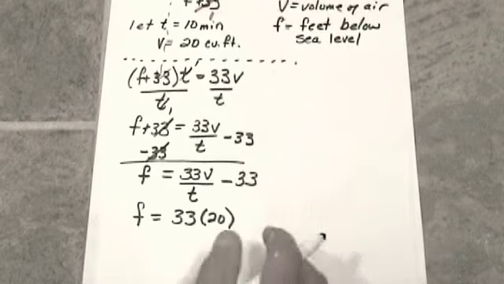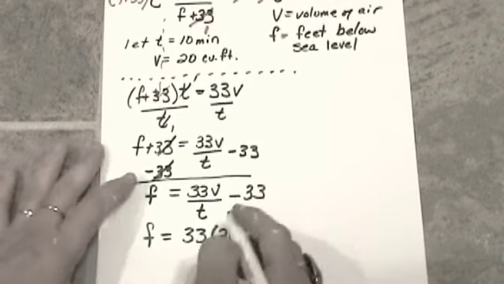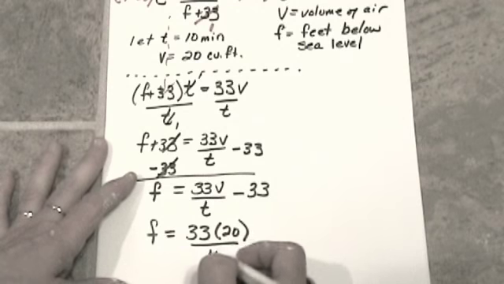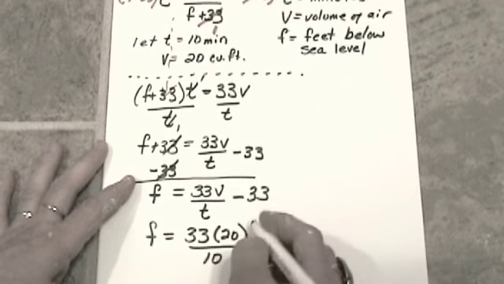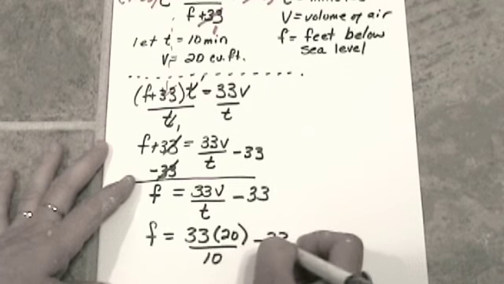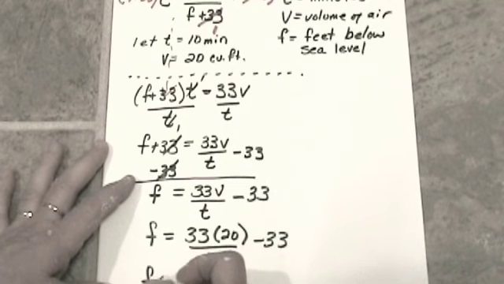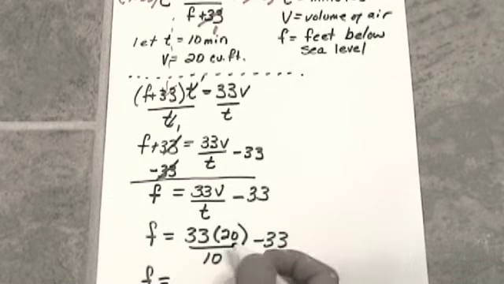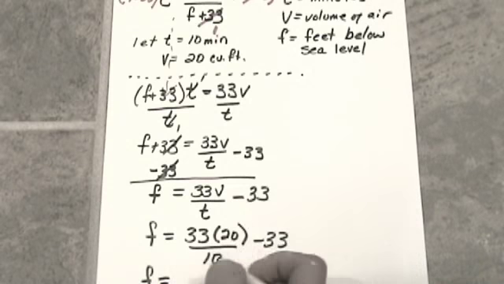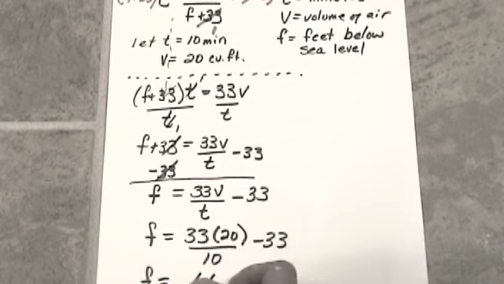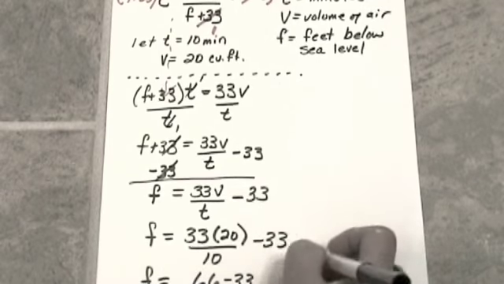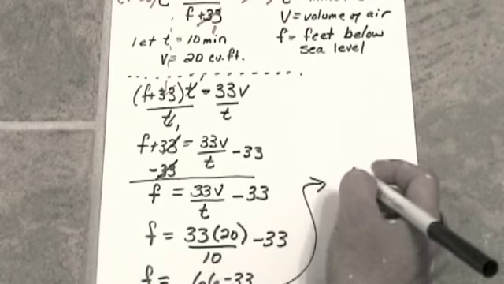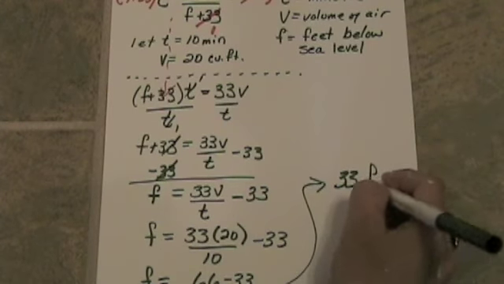And that's all going to be divided by 10 because that's how long he can be underwater, minus 33. All right, so the number of feet will be equal to, let's see here, 20 divided by 10 is 2, 2 times 33 is 66, minus 33, so the depth that this guy can go is 33 feet.